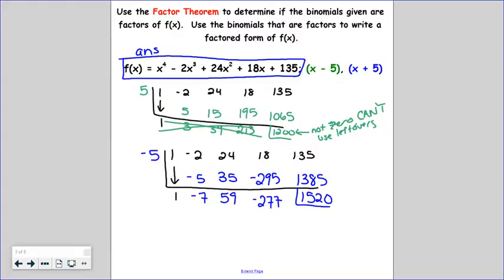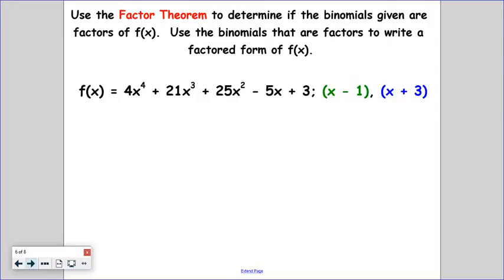All right, we've got one variety left. Here's our last variety: 4x to the fourth plus 21x cubed plus 25x squared minus 5x plus 3. Here's our last combo.